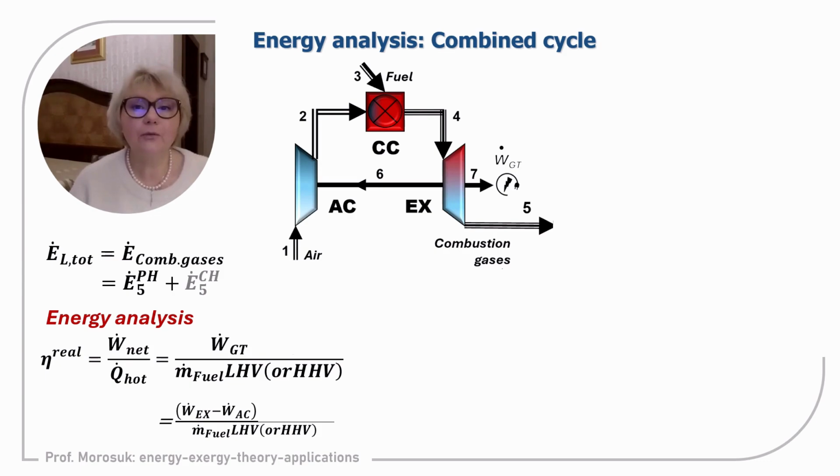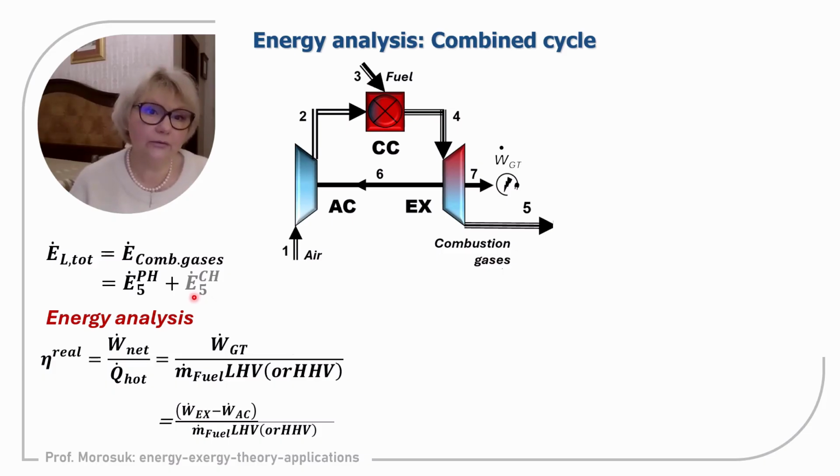The concept which is called combined cycle. Definitely, many of you know this concept, but very briefly, I will repeat. We know that for an open cycle gas turbine system, exergy losses are associated with stream 5. Physical exergy dominates, and chemical exergy is not a high value.